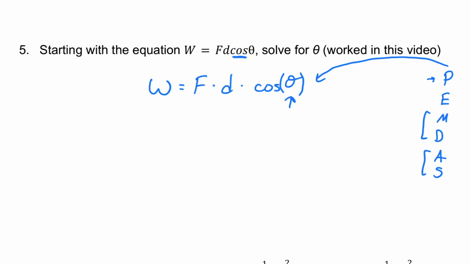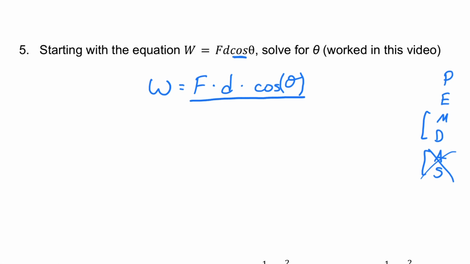So we'll deal with the addition and subtraction first. In this case, there is no addition or subtraction in this problem, so we can just move right through those. Multiplication and division next. Is there any multiplication or division happening to the term in which there is theta? There certainly is, right? D is multiplying cosine theta, and so is F. So we want to undo those two things.